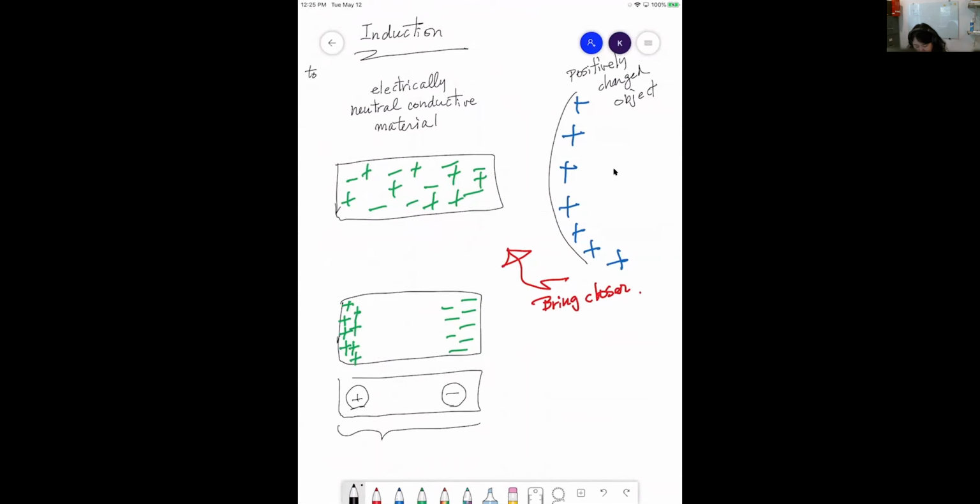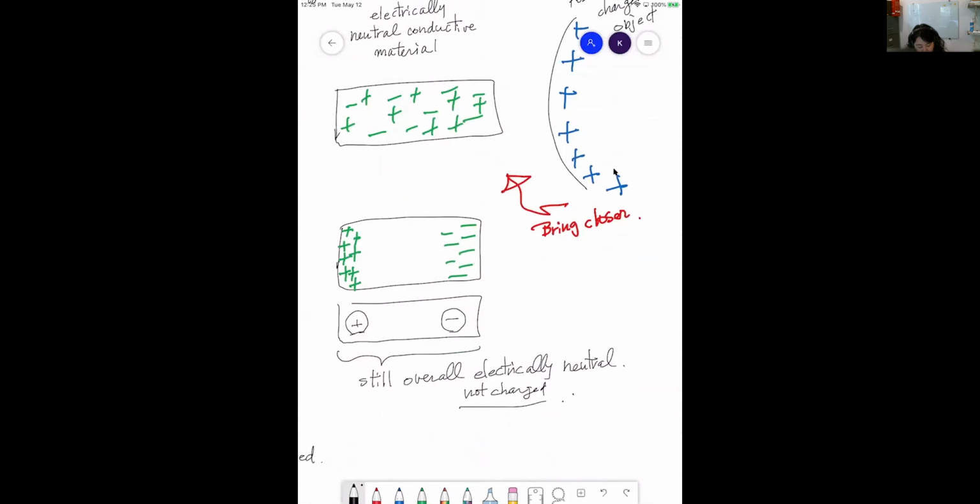But still, overall, it's electrically neutral. It's not charged, but acts like you have a negative on one side and a positive on the other side.